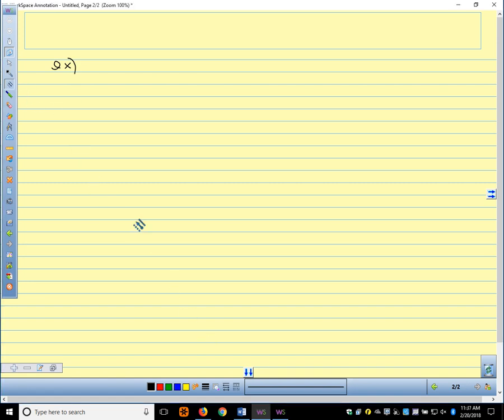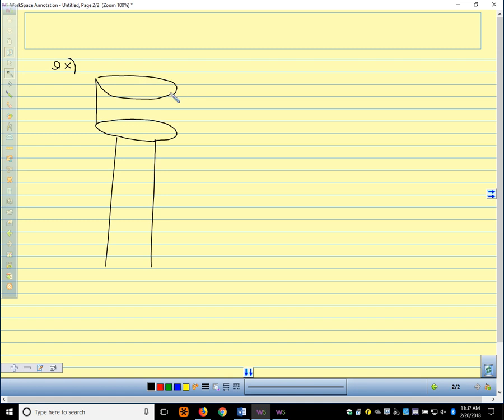So what we have here is a control tower at the airport. And here we have an airplane.